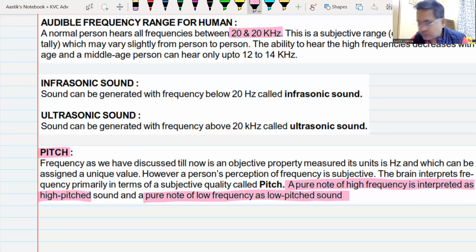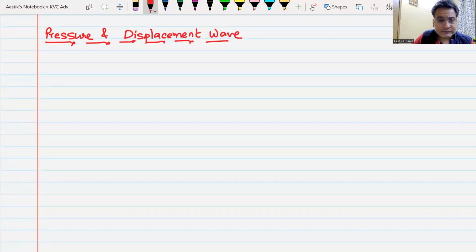That takes us to the next step, my dear friends. And what is the next step? Pressure wave and displacement wave. Now we are going to relate the pressure wave with the displacement wave.